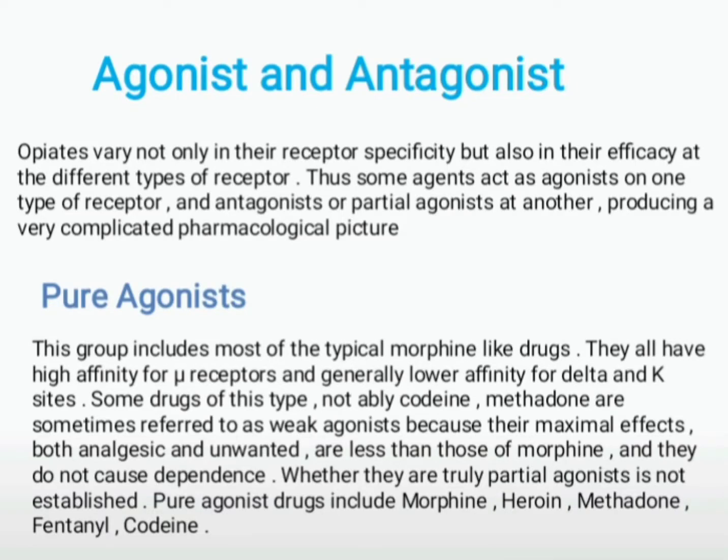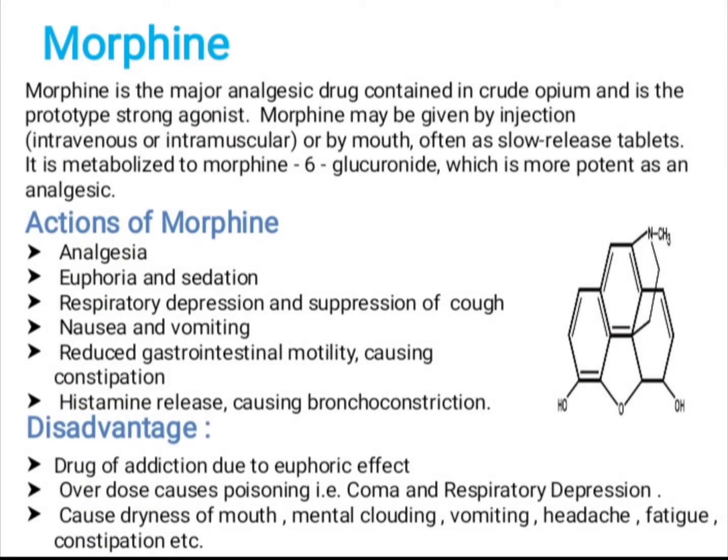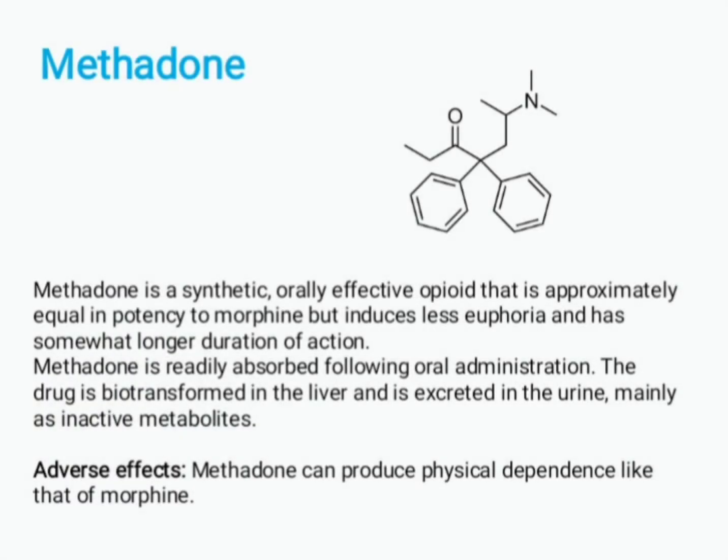Examples of agonists are morphine. Morphine is the major analgesic drug contained in crude opium and is the prototype strong agonist. Then methadone. Methadone is a synthetic, orally effective opiate that is approximately equal in potency to morphine but induces less euphoria and has a somewhat longer duration of action.